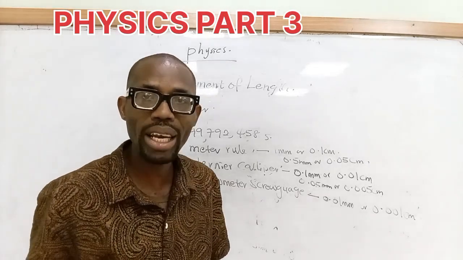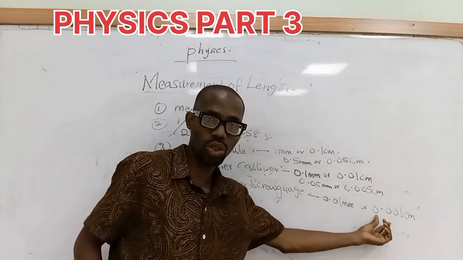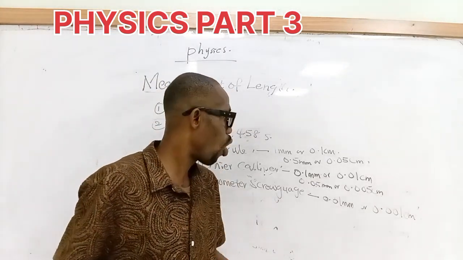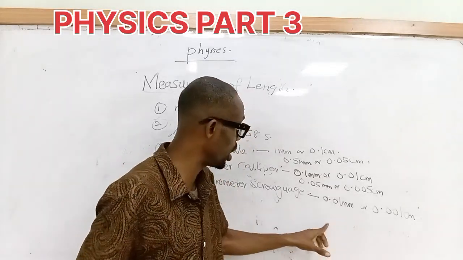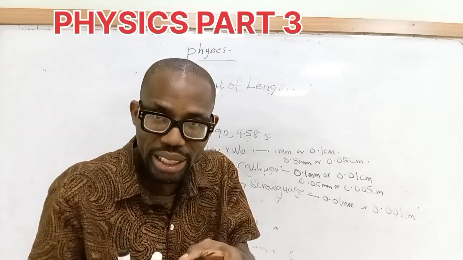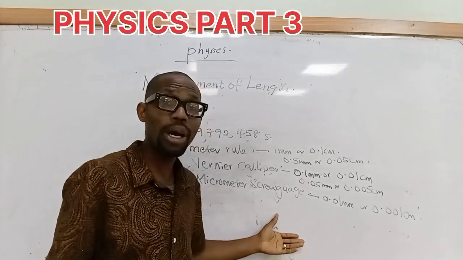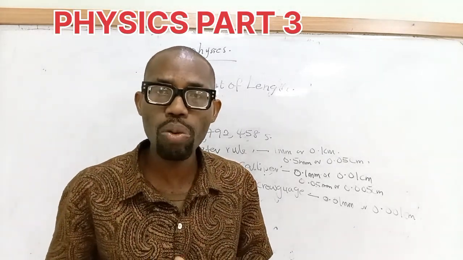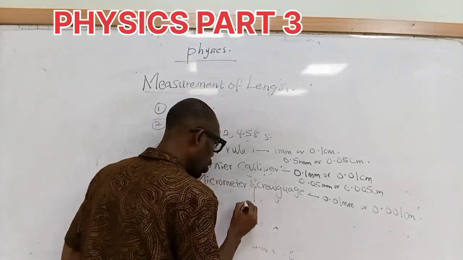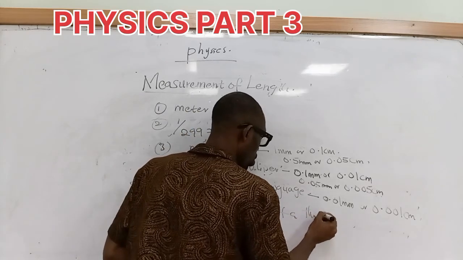And it measures to an accuracy of half of the smallest division of graduation, meaning divide this by 2 and it will give you the accuracy of this particular instrument, the micrometer screw gauge. The micrometer screw gauge can be used to measure the thickness of a thin wire.